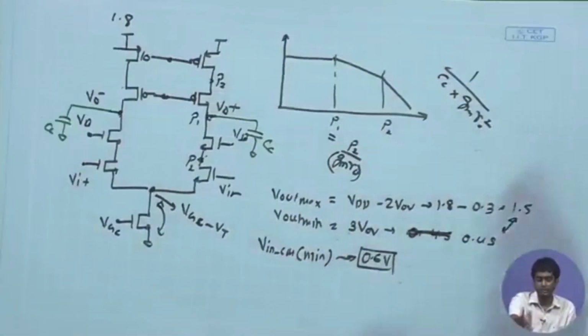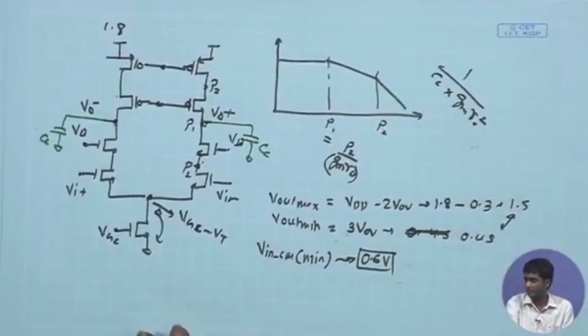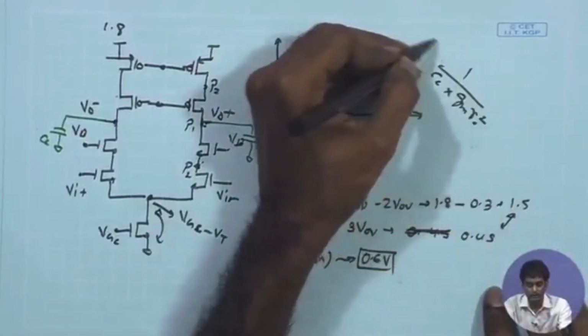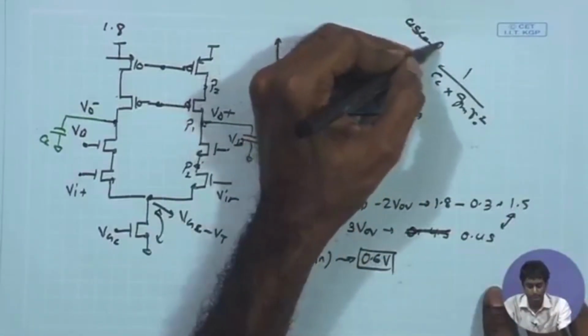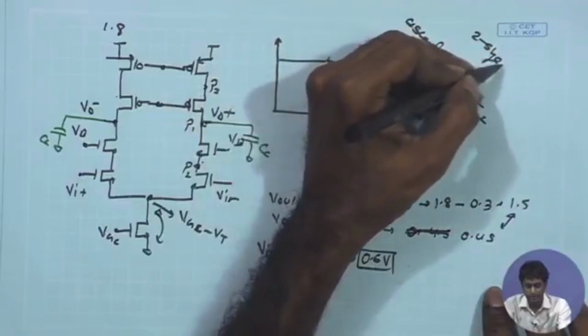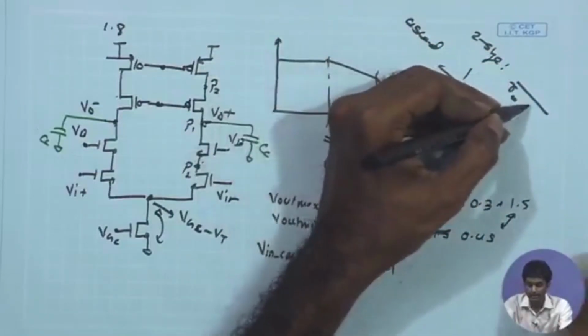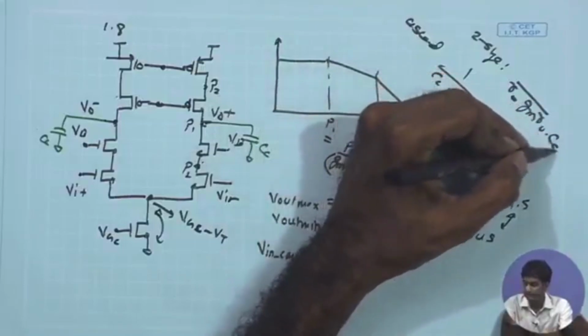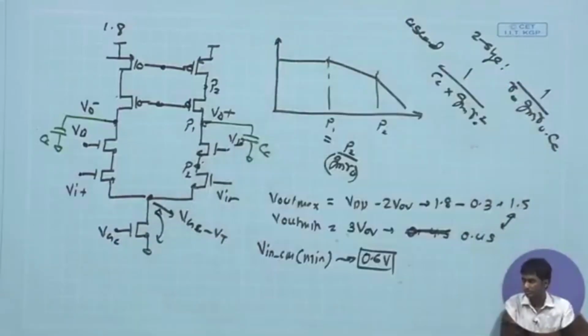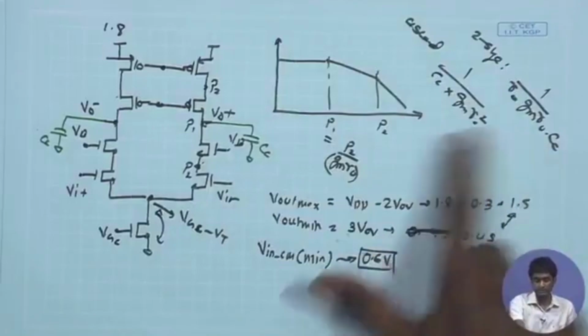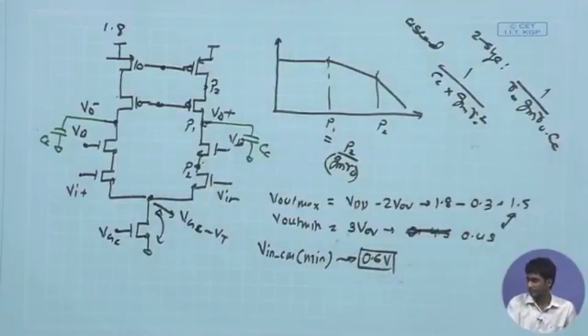So, if you compare it with what happens with the two stage op amp when you are having compensation, there also ultimately you are having the ro and the gain factor gm ro and you are having the CC. So, the bandwidth can be similar in both the cases.